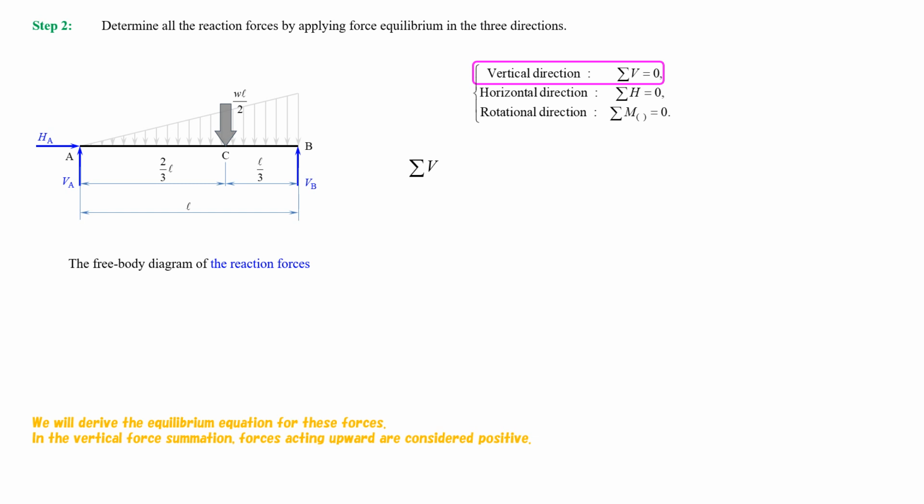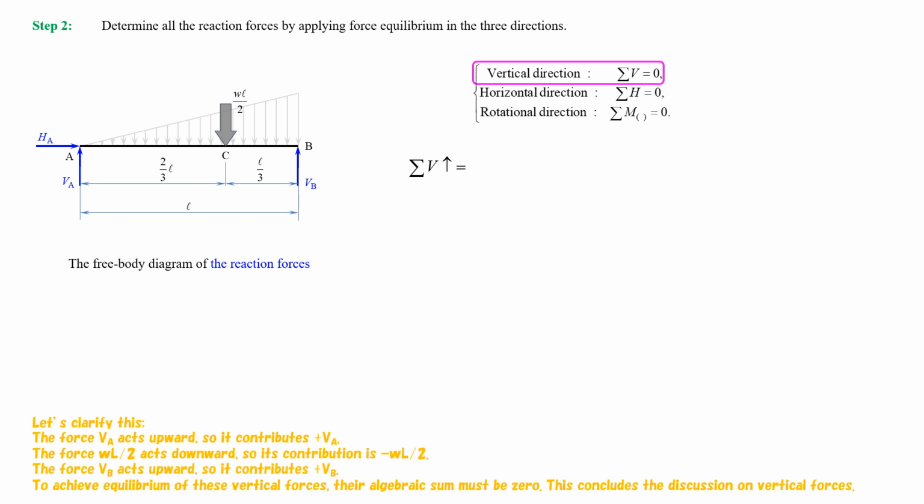In the vertical force summation, forces acting upward are considered positive. Let's clarify this. The force V acts upward, so it contributes plus VA. The force W multiplied by L and divided by 2 acts downward, so its contribution is minus W multiplied by L and divided by 2.